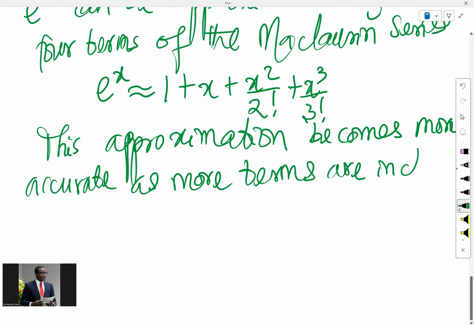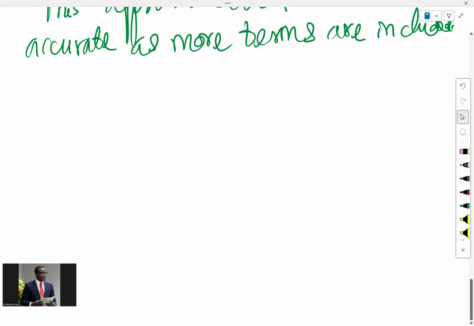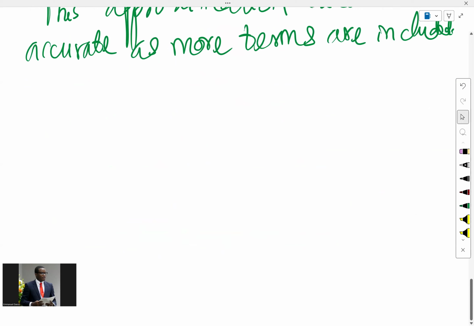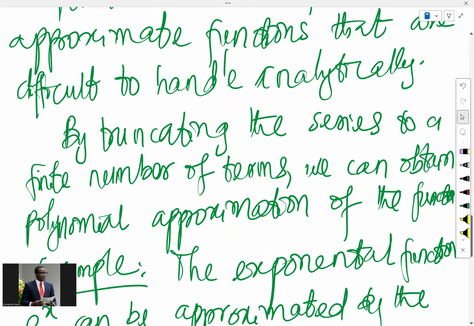Where you truncate will be determined by how much accuracy you are looking for. So that's important. If you want more accuracy, you take more terms. So that's the second application.